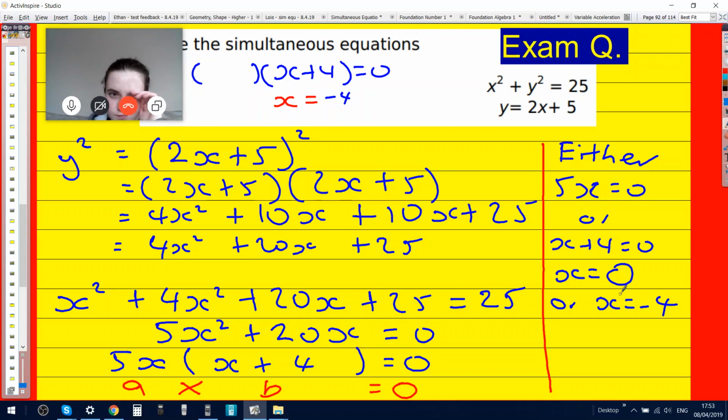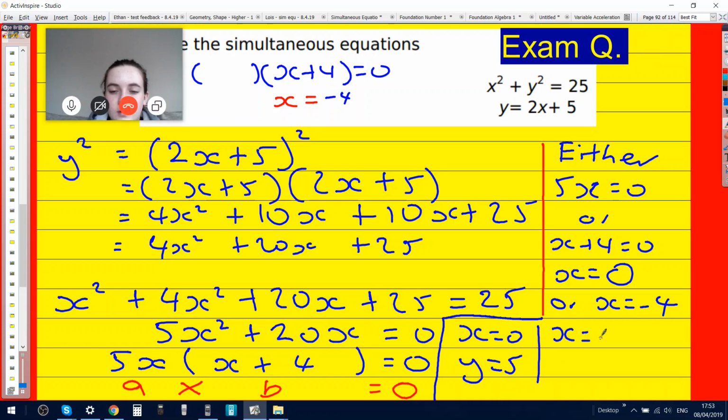Is that full marks? No. Y equals either 5 or minus 8 plus 5, so minus 3. I believe x was minus 4.